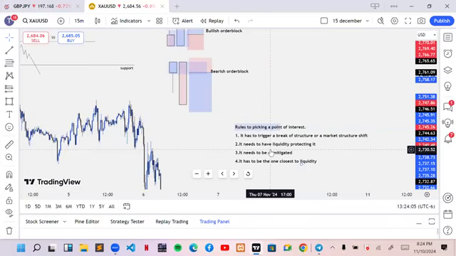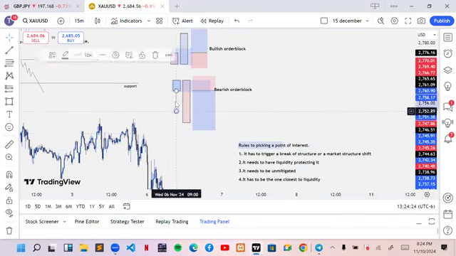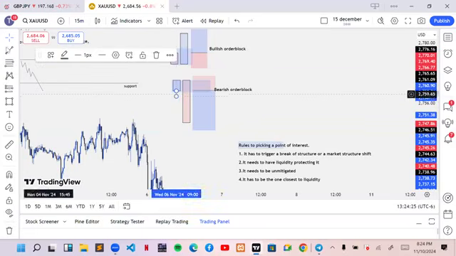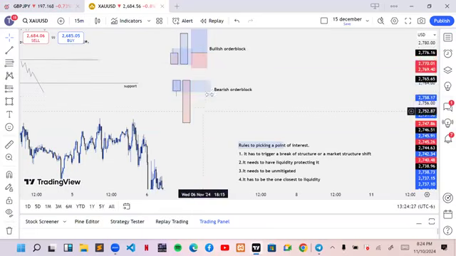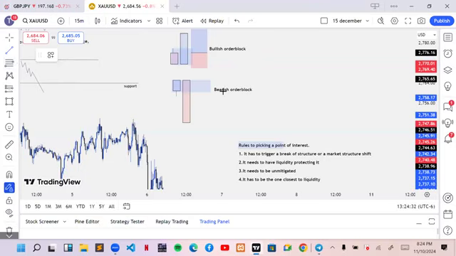So the third rule says it needs to be unmitigated. Now, what do I mean by unmitigated? First of all, what is mitigation? Mitigation is price coming to tap your point of interest after it breaks structure or triggers a shift in market structure. So let's say, for example, this is your order block, and then price comes in and breaks out from here.